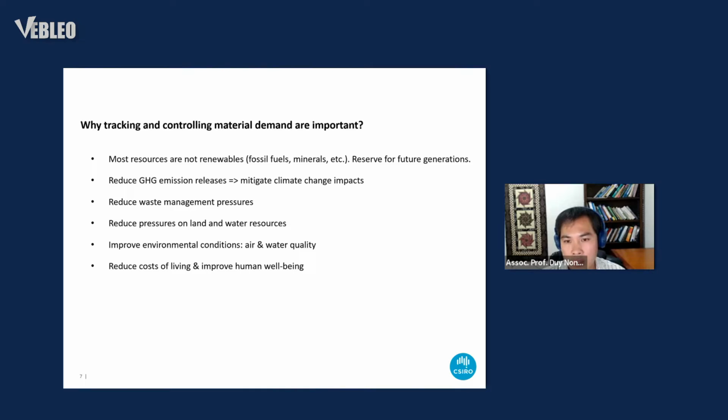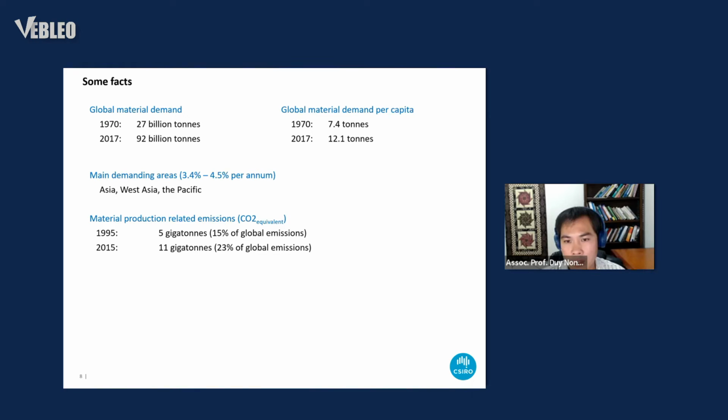And here I would like to share with you some facts about the material demand on a global scale. For example, global material demand increased significantly from 27 billion tons in 1970 to 92 billion tons in 2017.